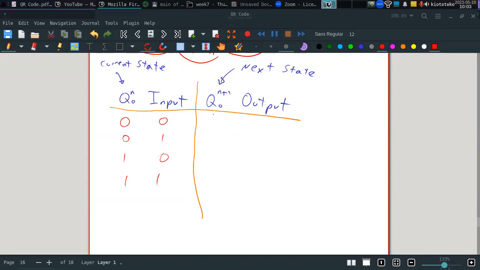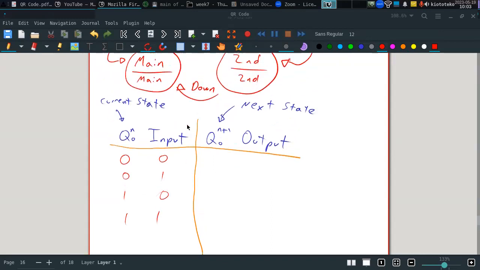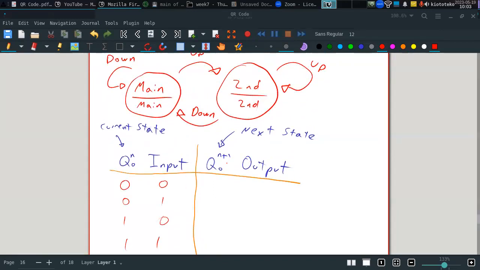Based on this, we check our finite state machine and we see, based on the current state, which is 0, which is main, and the input, if it's down, where are we going? Well, down. And our output will still be that we are in the main floor. If we are in the main floor and we get an up input, that means we are now in the second floor, and we have as an output 1, because we are in the second floor.